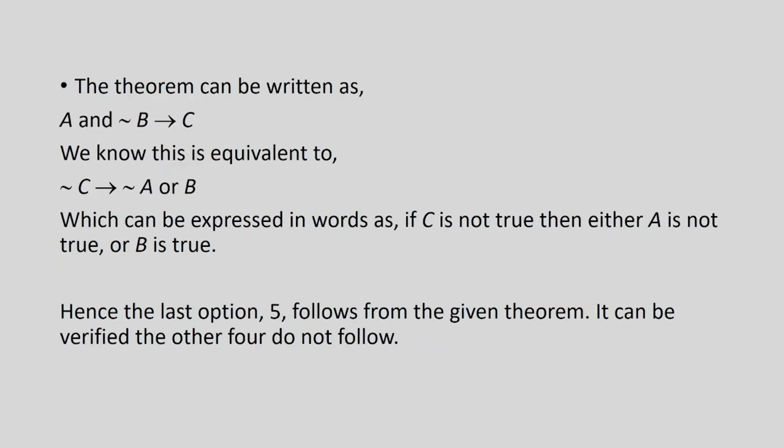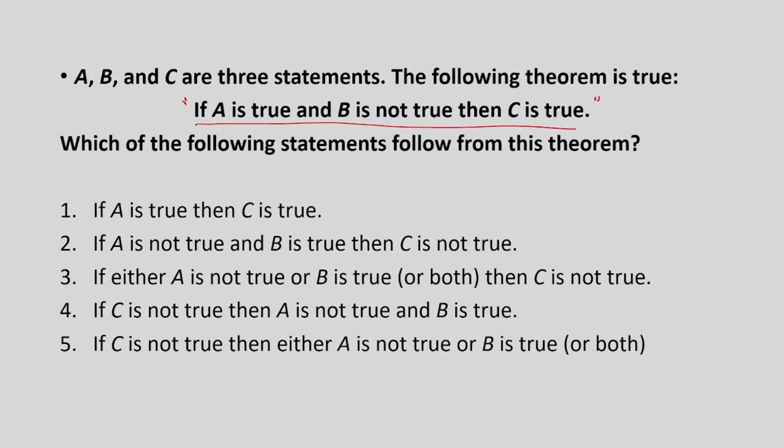Now, the theorem can be written in short form as this: A and not B implies C. A and not B implies C, right? If A is true and B is not true, then C is true.